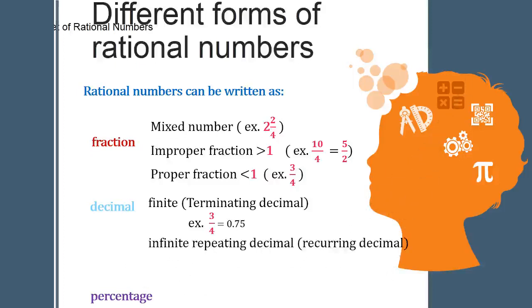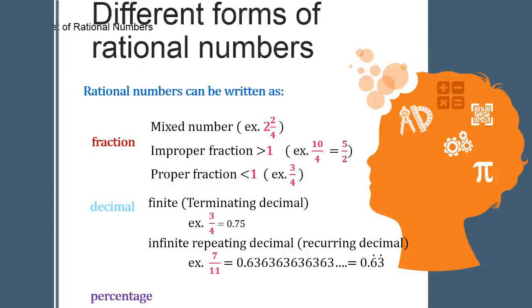Another type of decimal is the infinite repeating decimal, or recurring decimal, for example, 7 over 11, which is 0.636363, and so on. Now I have two digits after the decimal repeating all the time.